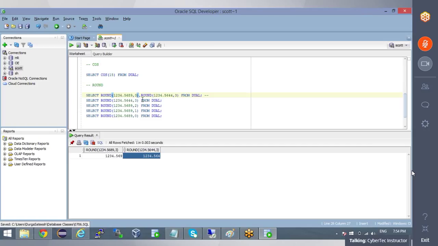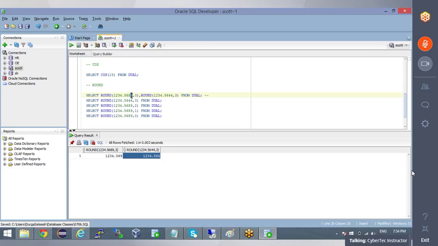Perfect. So there will not be any action taken on the first digit or the second digit. But when rounding up to 3 digits, it will check the fourth digit value.